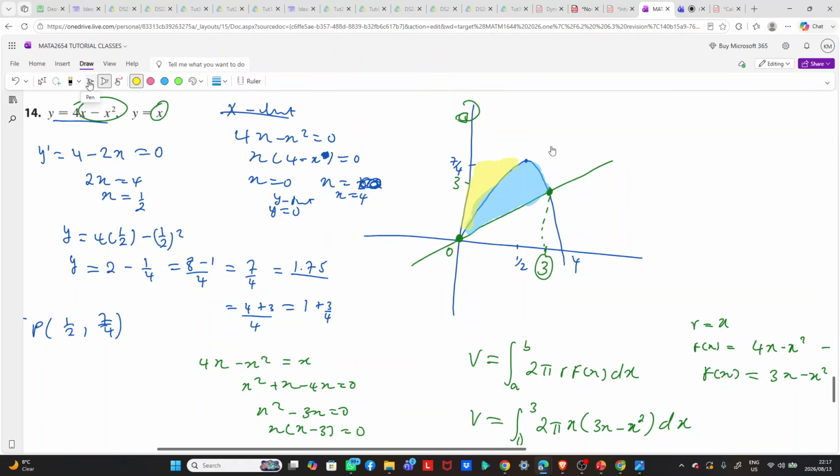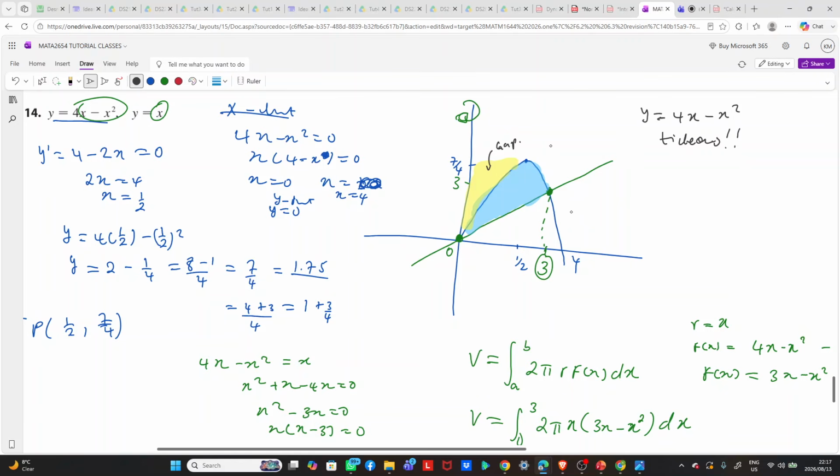We see a gap there, and this implies we can use the Washer method. But when we use the Washer method, and we have the function y equals 4x minus x squared, we need to write this function where we make x the subject of the formula, which is tedious.